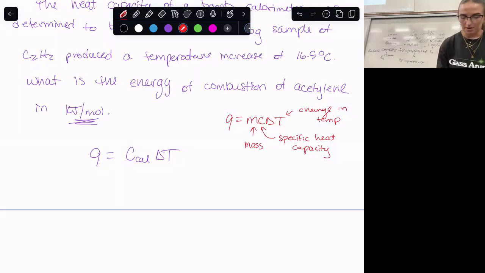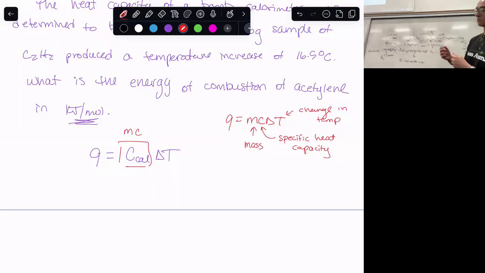C cal here combines the M and the C component already for you. Since it's a bomb calorimeter, it's taking in that mass and the specific heat already, and they already did that initial multiplication step for you. Would it usually be given like that? Yes.